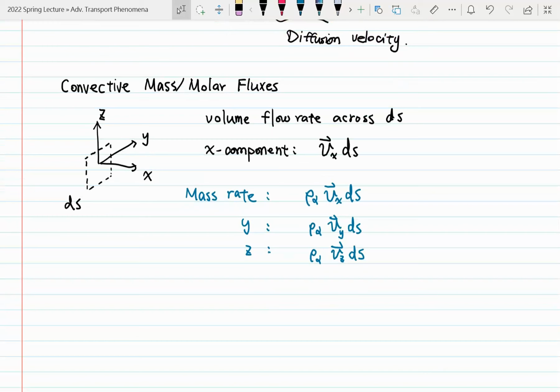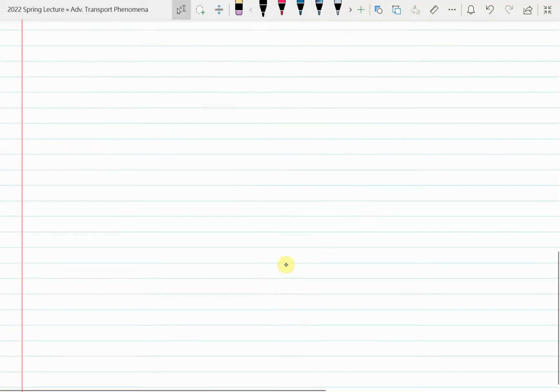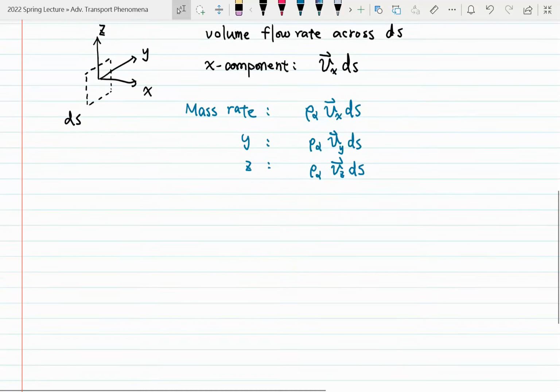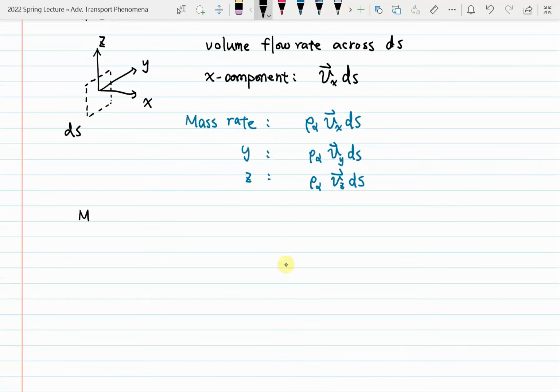And to get the flux, basically we just need to do what? We need to multiply by the unit vectors, and we will add all three components together and divide by the control surface area. Okay, so what we're going to do here, we are going to multiply by unit vectors, which is delta x, delta y, and delta z.